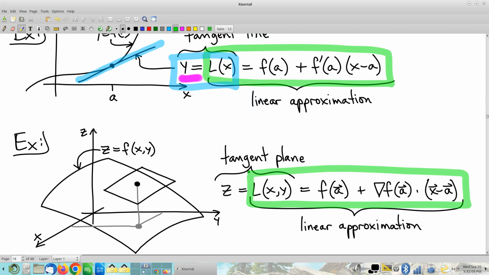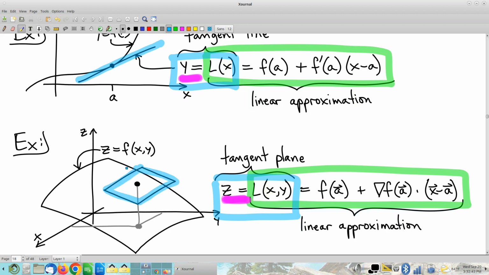So slightly different. And I can talk about its graph. And what do I get when I form the graph of this linear approximation? If you look at this right here and think about what these linear approximations look like, I think it's a pretty easy pitch that z equals constant times x plus constant times y, plus maybe another constant, is going to give us a plane.